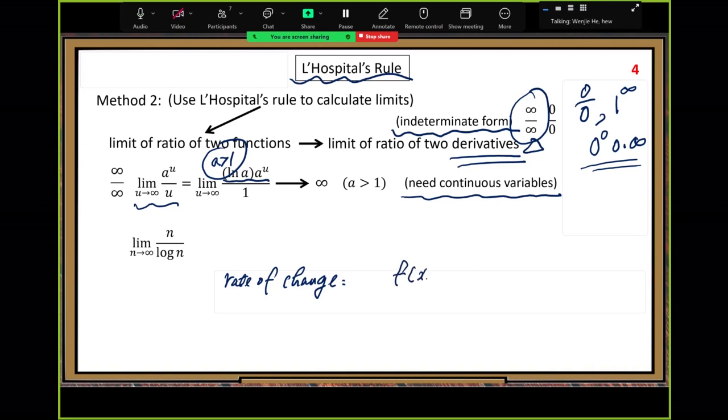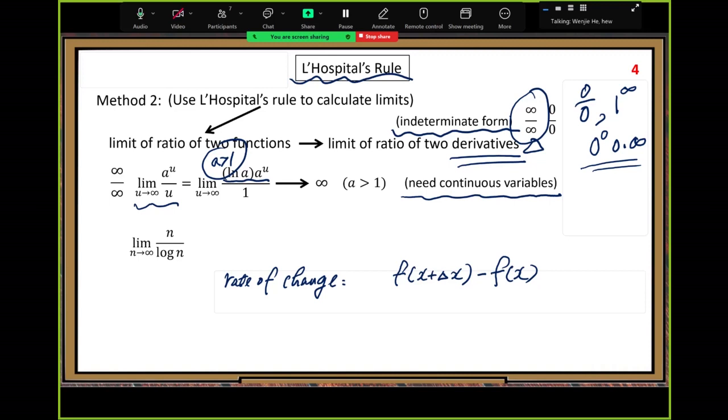You look at a function and increase the variable by a small amount, delta x. Then you look at the change in the function value.